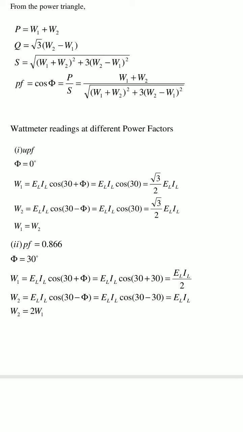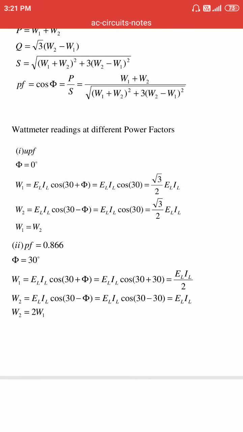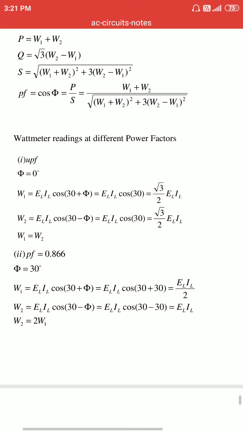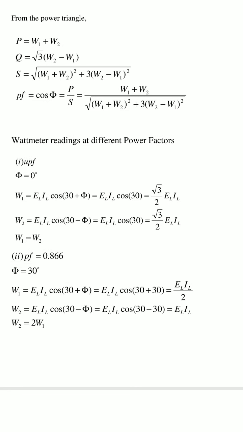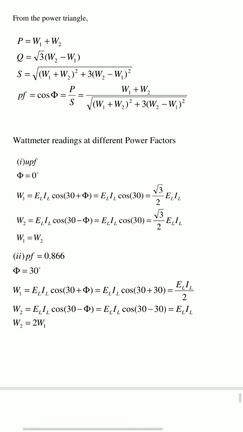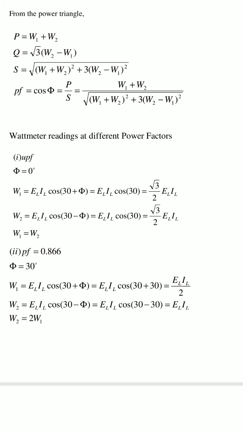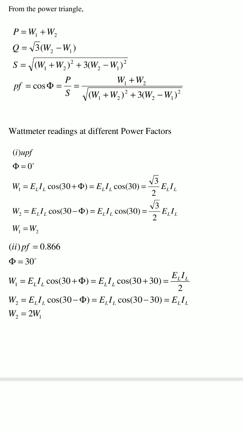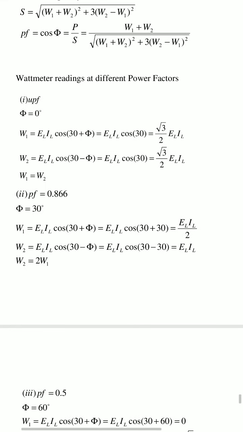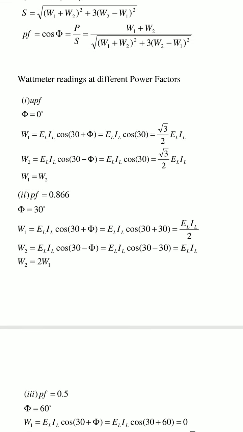W1 reads E_L I_L cos(30 plus phi), that is E_L I_L cos 30, and cos 30 is root 3 by 2, so root 3 by 2 into E_L I_L. Now W2 is E_L I_L cos(30 minus phi), that is also root 3 by 2 E_L I_L.